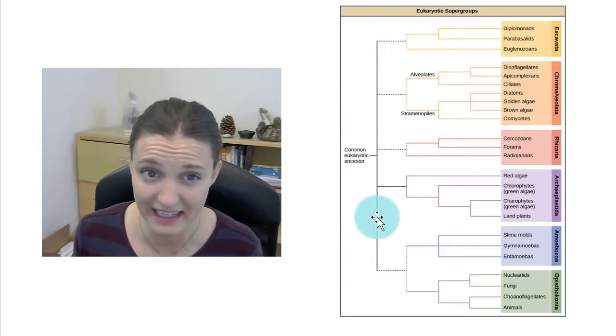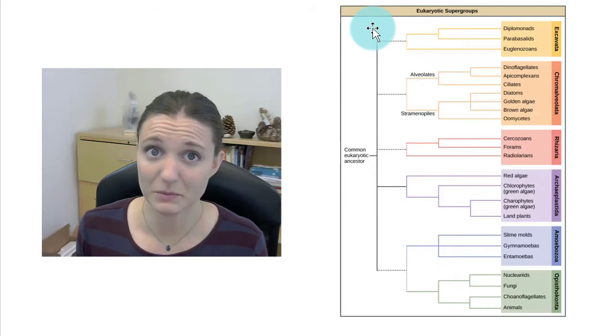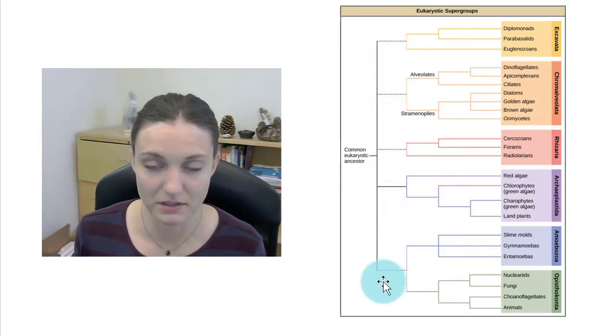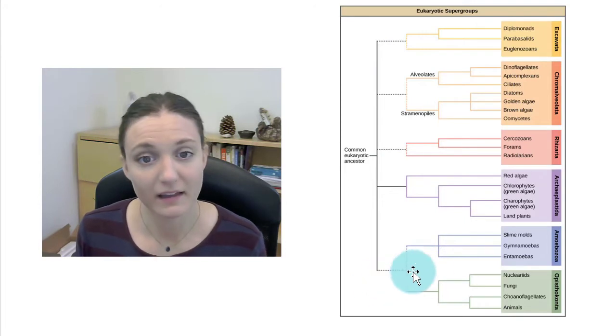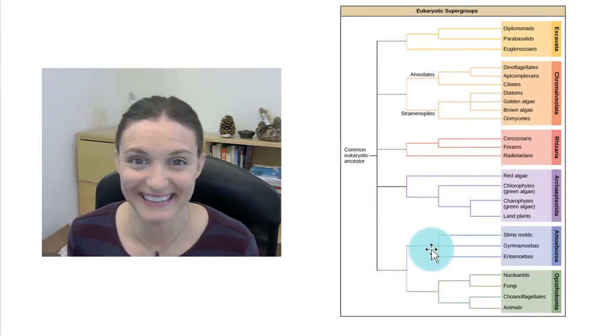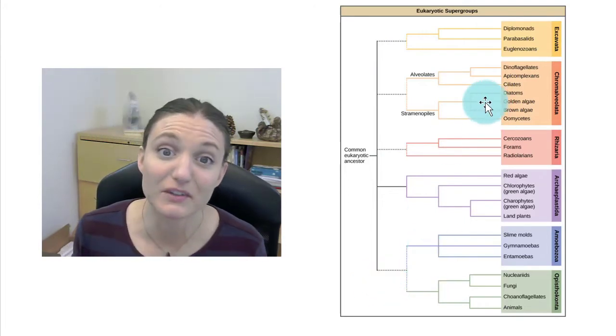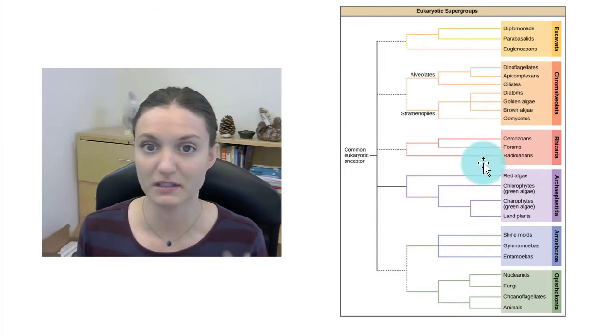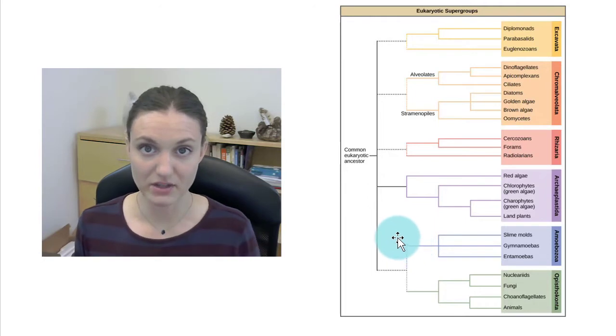And polytomies, again, are demonstrating that we don't have enough information as to the correct order of relationships between these groups. Here's another polytomy here, right? Here's another polytomy here. So there's still a lot of data and more information that we need in order to resolve the evolutionary relationships of these organisms.